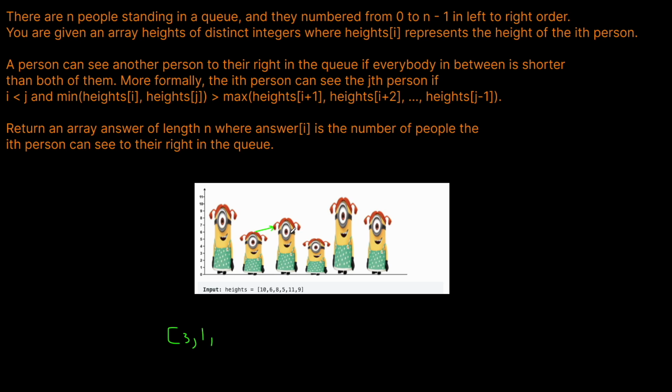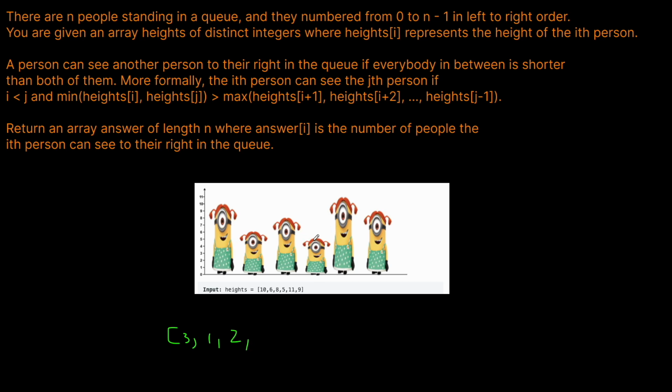Then we get to this person here. They can see the person below them and this person here, and this minion here is blocked off by this taller one. So that's why we can see 2 people from that index. Let me get rid of these markers and clean this up. So 1, 2.